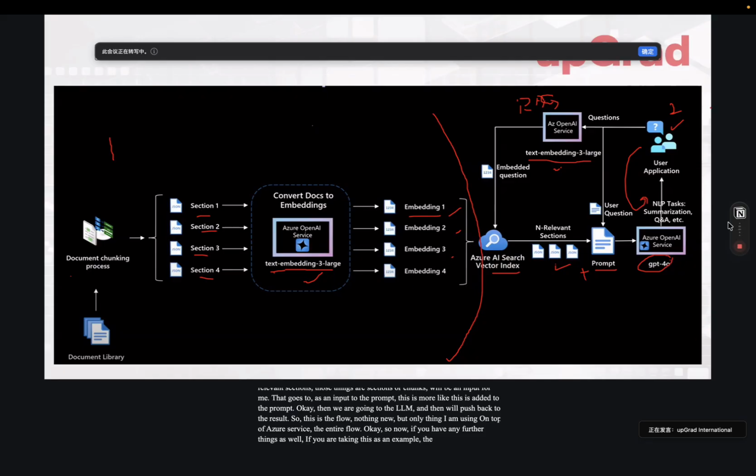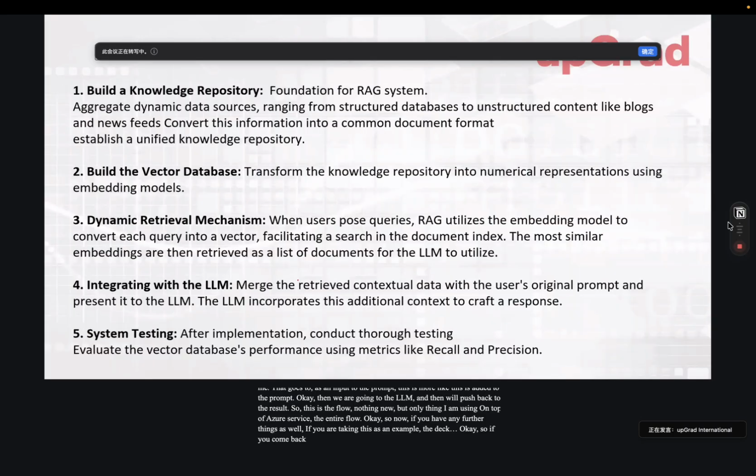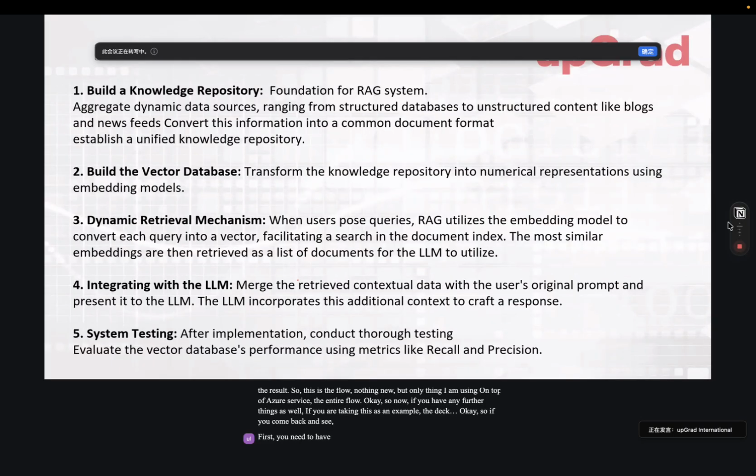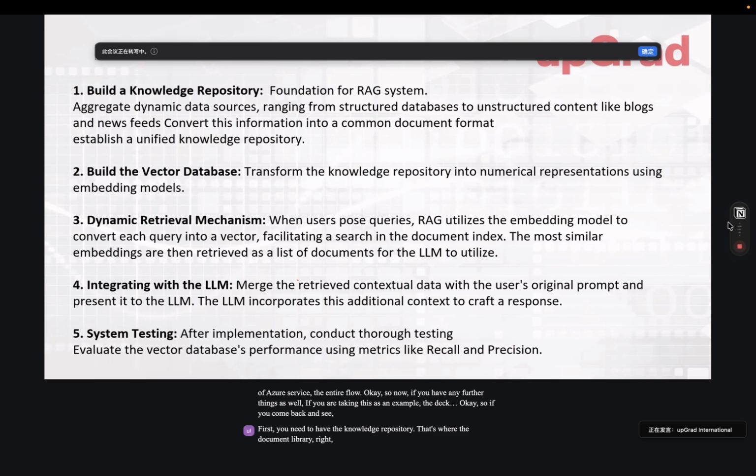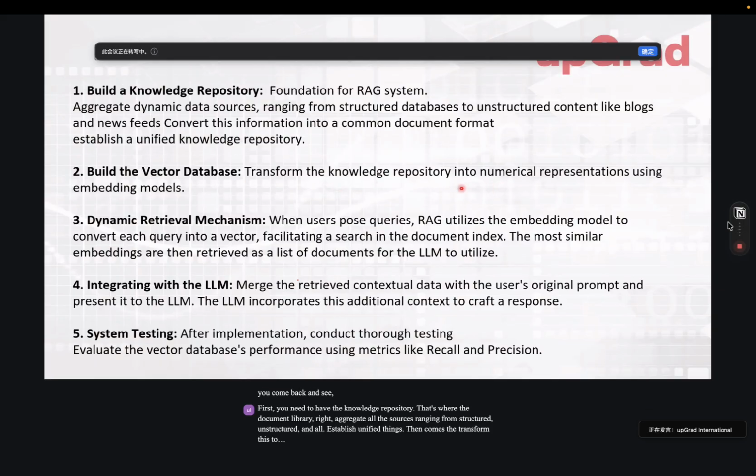Now, if you take the deck as an example and come back, first you need to have the knowledge repository. That's why the document library, right? Aggregate all the sources, ranging from structured to unstructured, and establish unified things. Then comes transforming the knowledge repository into a numerical representation. That's what we have done. Then dynamic retrieval: when a user queries, the RAG utilizes the embedding model to convert each query to a vector. We have shown this, facilitating search in the document index.